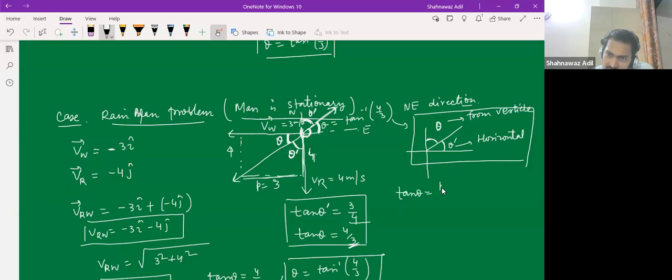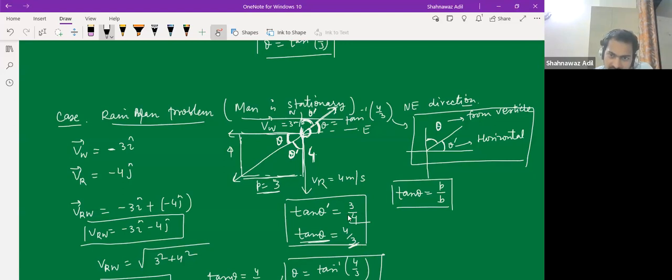Perpendicular by base, correct? So for this theta dash, my perpendicular is 3 and my base is 4. And for this theta, tan theta, my perpendicular is this 4 and this is my base, right? So that is why this is 4 by 3.